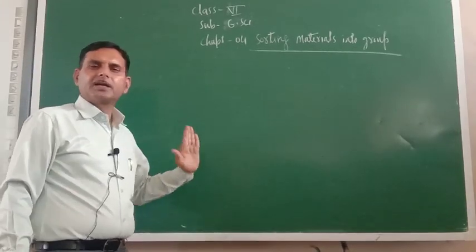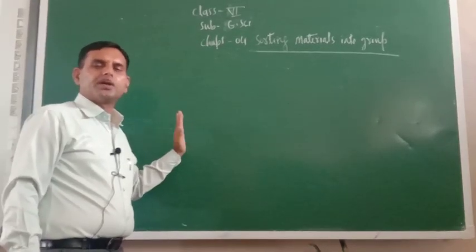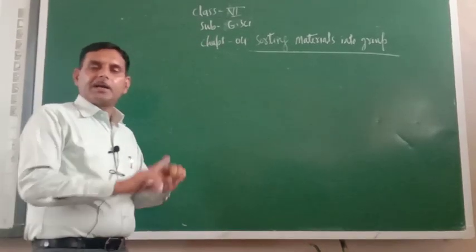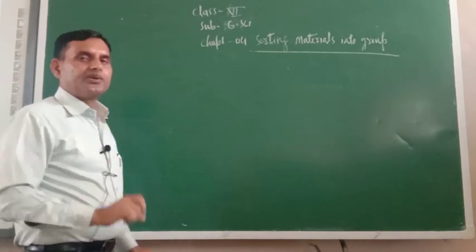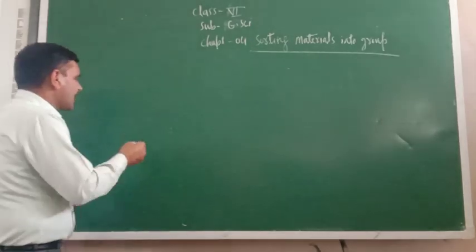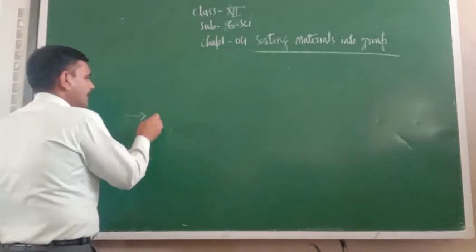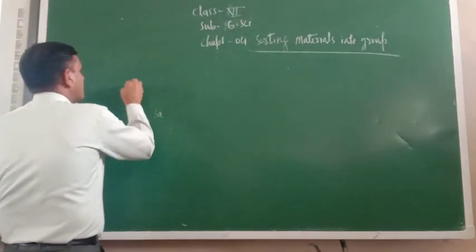So dear cadets, I hope you understood the material. And what is the conclusion of that video? The conclusion of that video is that the same thing can be made from different materials. You can write here: conclusion.